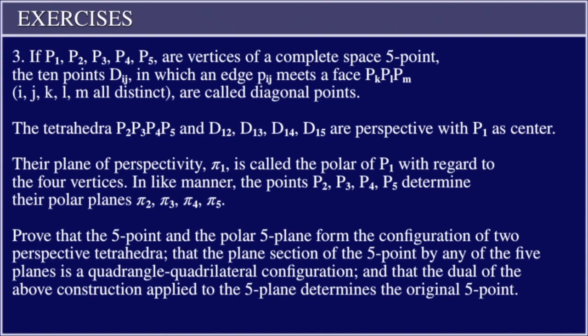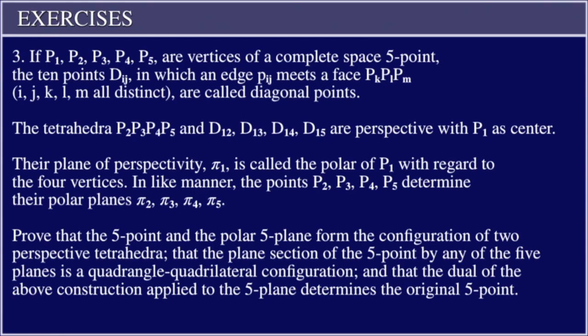The tetrahedra P2, P3, P4, P5, and D12, D13, D14, D15 are perspective with P1 as center. Their plane of perspectivity, pi1, is called the polar of P1 with regard to the 4 vertices. In like manner, the points P2, P3, P4, P5 determine their polar planes pi2, pi3, pi4, pi5.